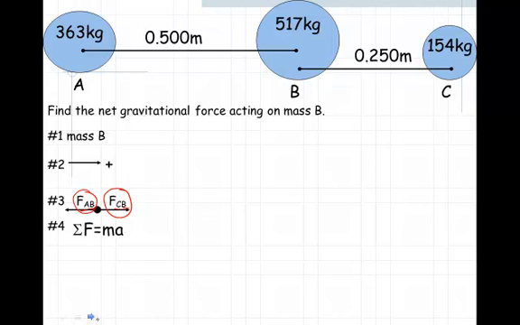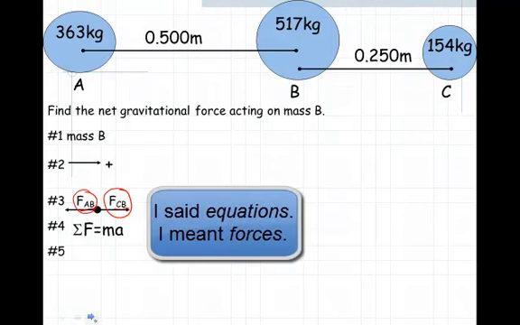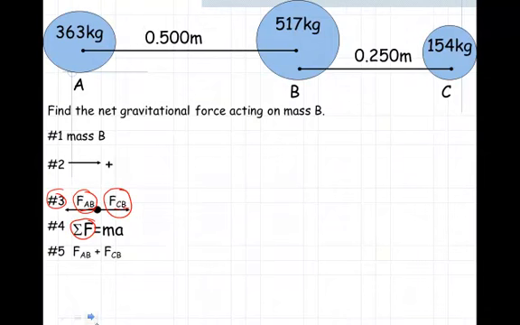We write down Newton's second law, and in step 5, we plug in the equations that we used from step 3. So we simply plug those equations into here where we add up the forces. In this case, it's just the force of object A onto B and the force of object C onto B.